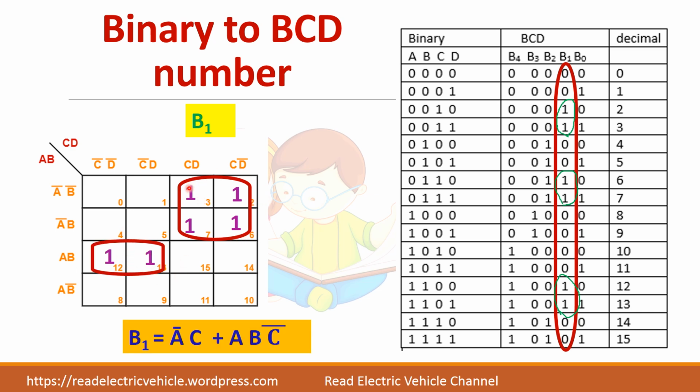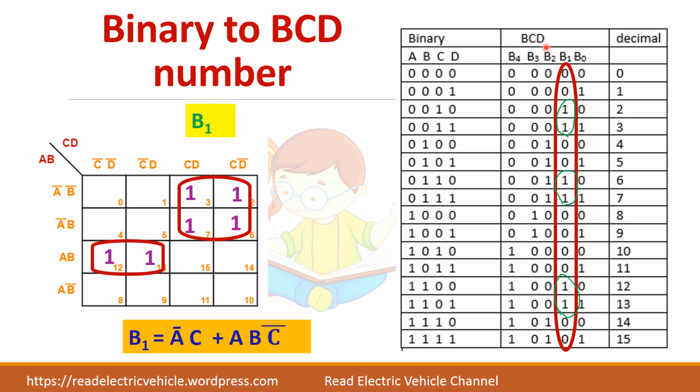So what is the common term here? For these 2 rows, it is A bar is common. For these 2 rows, C is common. So A bar C. For this one, A B, what is the common term? C bar. So A B C bar. So we have finished B1 also.